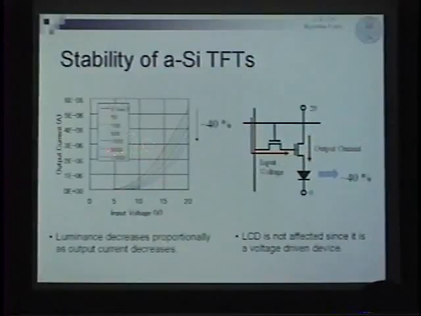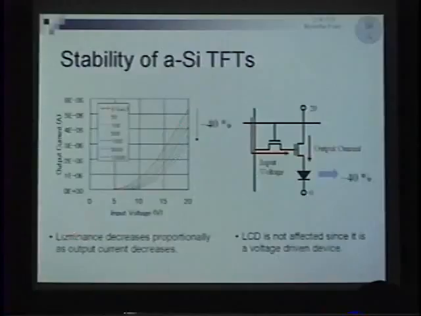We apply a bias stress to the gate electrodes, and this shows the time of the stress. After 10,000 seconds, the current level decreases by 40% from the initial value.